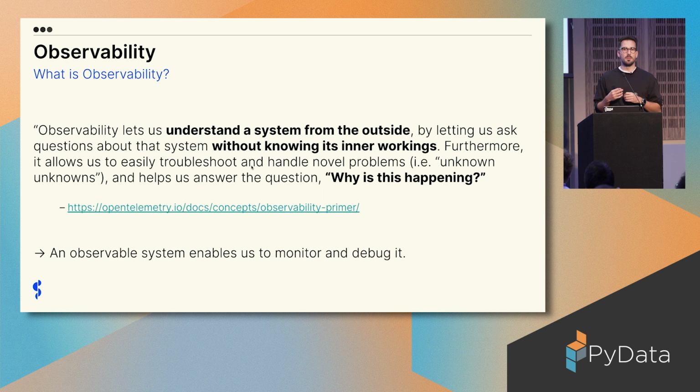Those are the problems that we have not created an alert for in the very beginning, but that have just popped up and we realized something went wrong. And it also allows us to ask the question of why this is actually happening. So in essence, observability is just a property of our system that allows us to take various activities like monitoring health, root causing bugs, or just analyzing performance and optimizing hardware utilization.